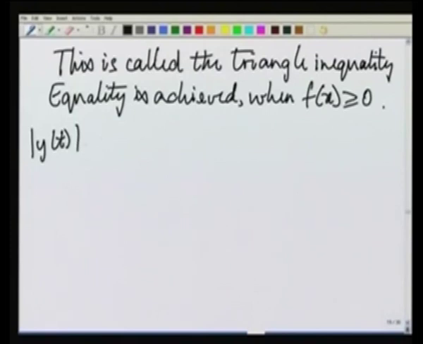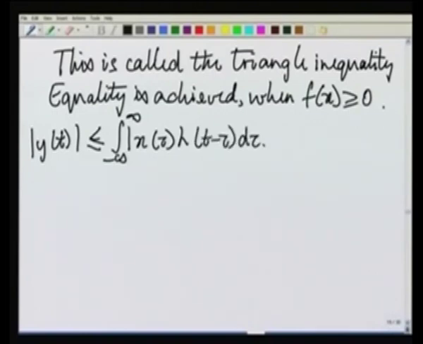mod y(t) less than or equal to the integral over all time of |x(tau) h(t minus tau)| d tau, which is equal to the integral over all time of the absolute values of the components, the factors of the integrand.